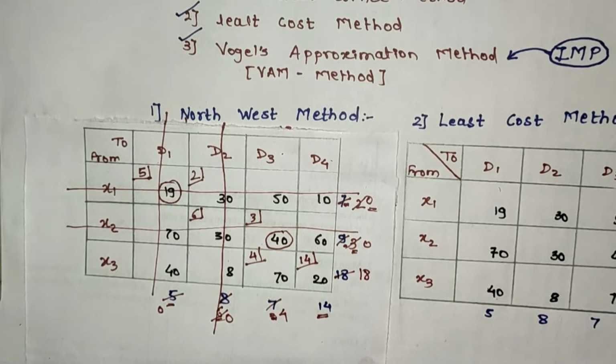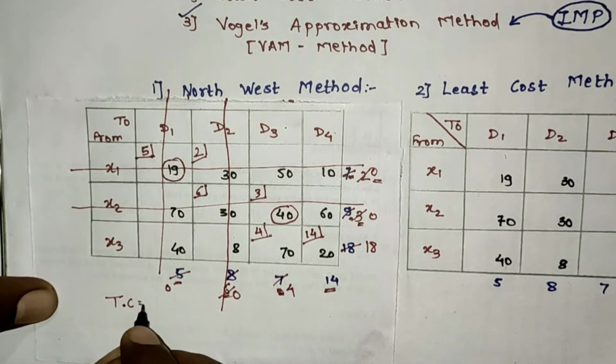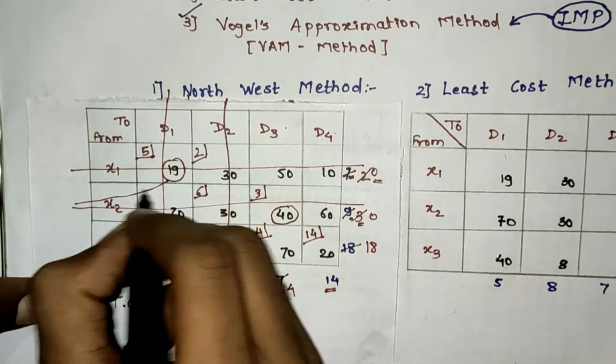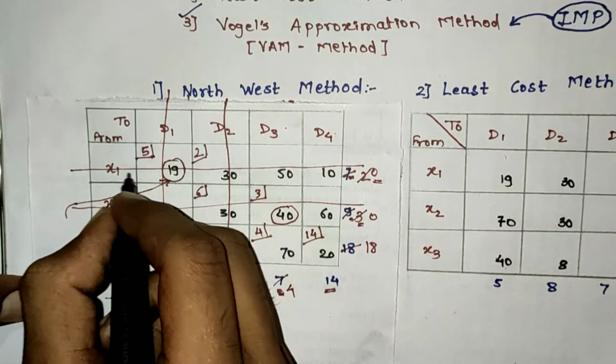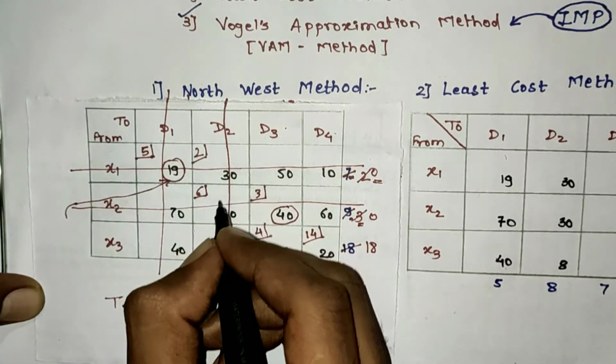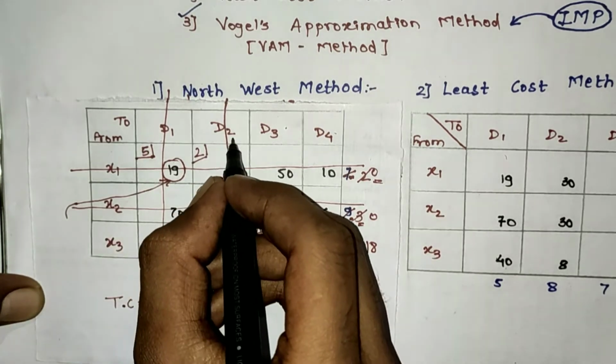Now we have to find out the transportation cost. Transportation cost equals 5 into 19. The 19 value is nothing but the cost for supplier 1 to reach destination 1. Similarly, 30 is the cost for supplier 2 to reach destination 2.